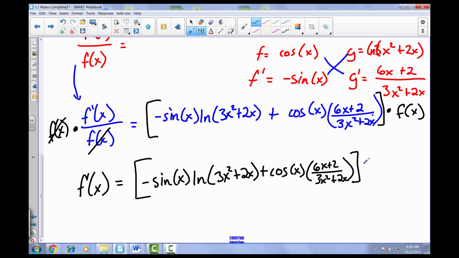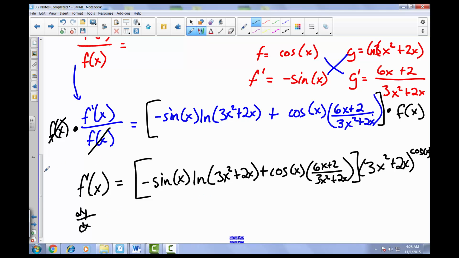It was 3x squared plus 2x raised to the cosine x power. So there would be our derivative. F prime of x, that's the exact same thing as saying dy over dx.